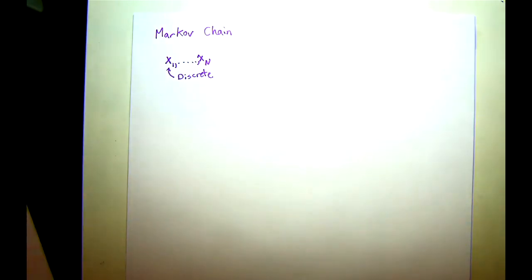So x is not a scalar, and it's also not a vector. We're just going to be talking about, say, x being a letter or a word or a single integer from a finite set of integers. And we're going to try to model these things.